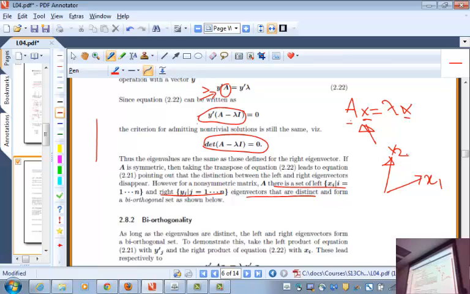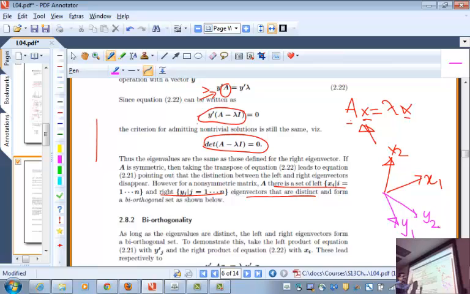But for the same matrix, I can also calculate another set of vectors, and I'm going to call them y1 and y2. I have a recipe for calculating them, by this equation. So y1 and y2 are also not orthogonal, but they are linearly independent.